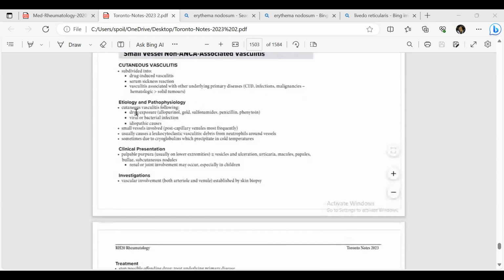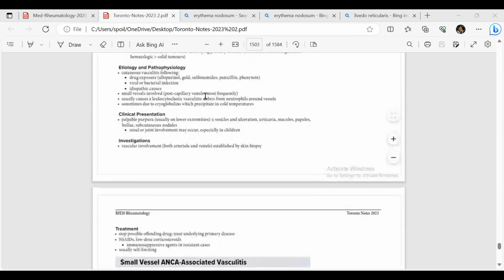Etiology and pathophysiology: cutaneous vasculitis following drug exposure, such as allopurinol, gold, sulfonamides, penicillin, and phenytoin, viral and bacterial infection, and idiopathic causes. Post-capillary venules are most commonly involved. It usually causes a leukocytoclastic vasculitis, with debris from neutrophils around vessels. Sometimes it is due to cryoglobulins, which precipitate in cold temperatures.